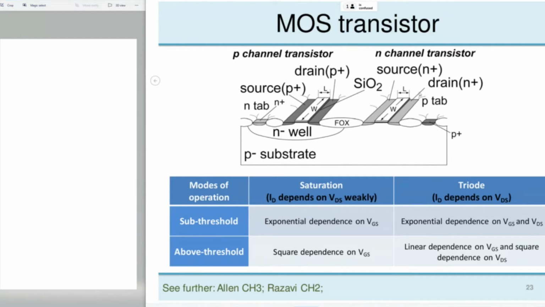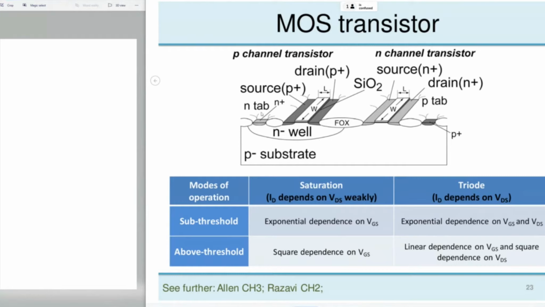So this eventually will become an NMOS transistor, because we will create an N channel. We can also implement PMOSFETs. For this, we will have a local well here, N well, and then this will act as a local substrate for this transistor only. And then we'll have to bias it.